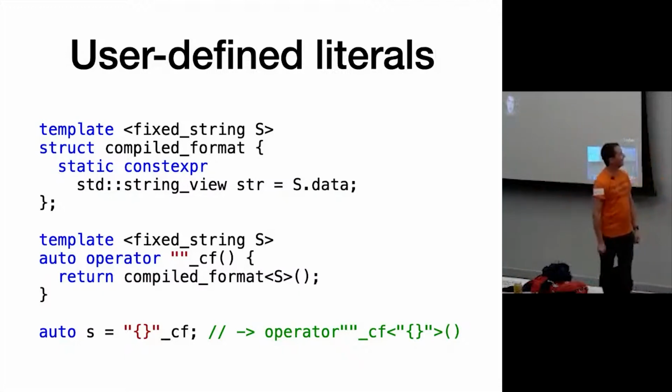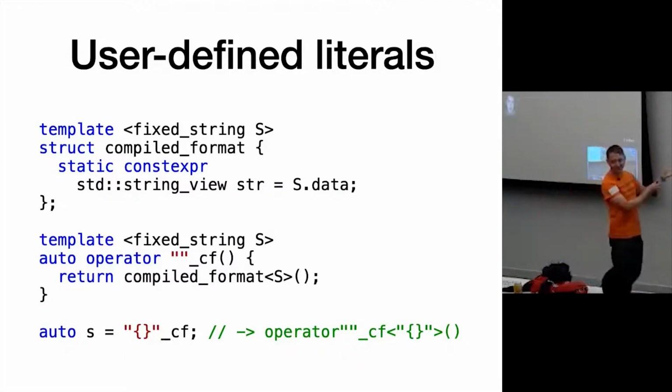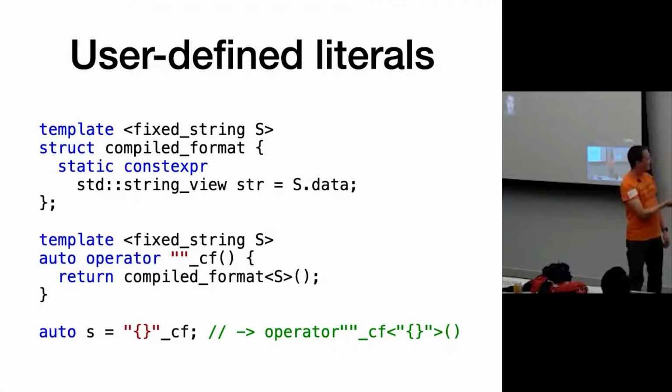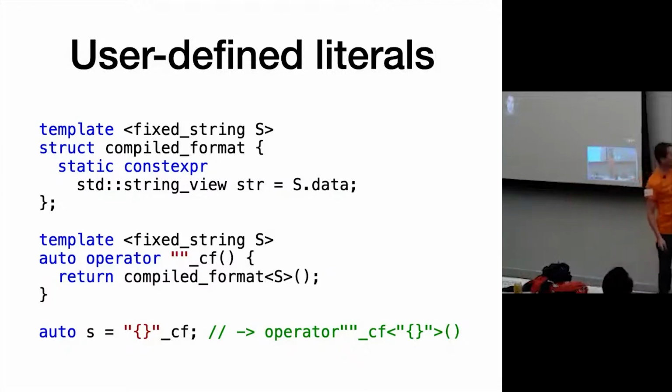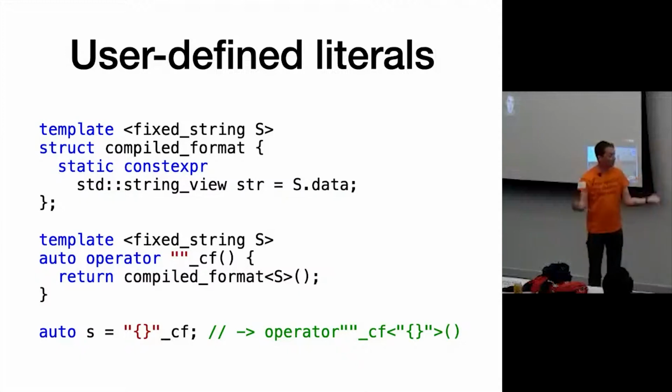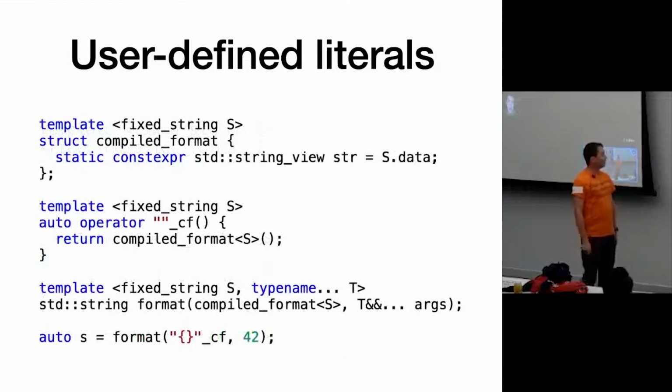It's difficult to understand, but a perfect C++ feature. Difficult to understand, but sometimes useful. So basically that's all there is to that CF thing. It will convert into this thing, and the result will be an object of type compiled format, which is simply our format string. So it's a very roundabout way to get our string into template land.